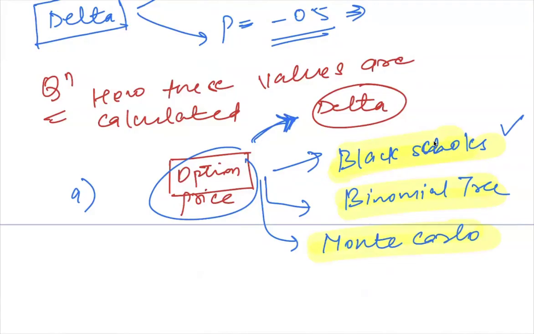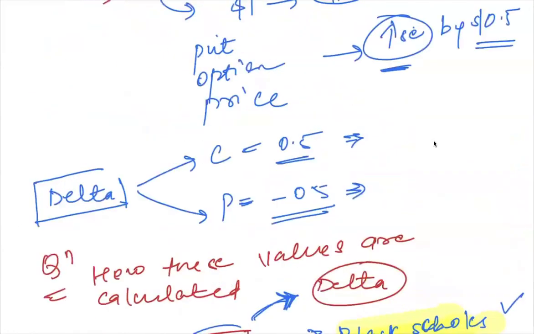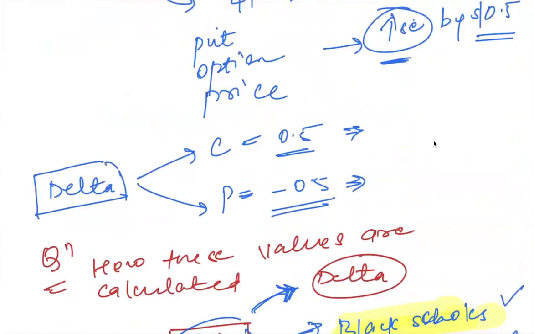That's where I was saying that in the last 2 months of the bootcamp we'll do all the modeling piece, so this is definitely included in this bootcamp. But as of now, I just want to focus on what is meant by delta. Is this clear to everyone?